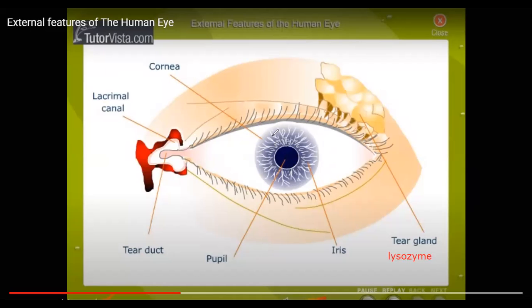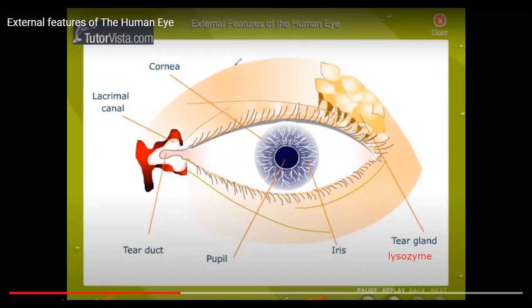And the iris is the colored portion of your eye. The colored part of the eye is iris, the white portion of the eye is cornea, and the pupil is totally the black portion. And this part, the cornea part mainly, is moistened by this tear.